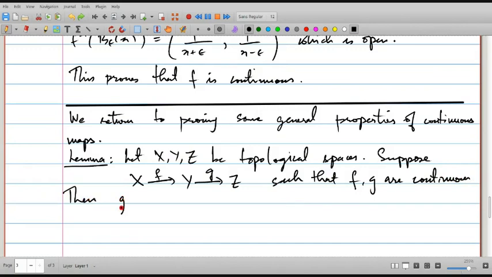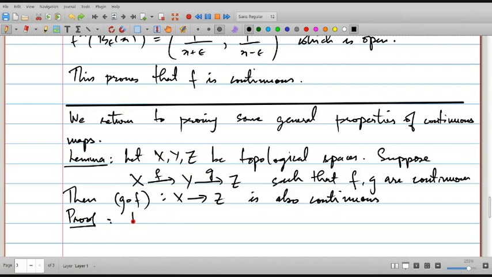Then the composite map G compose F from X to Z is also continuous. The proof of this is left as an exercise. The proof is very easy, it just uses the definition of continuity.